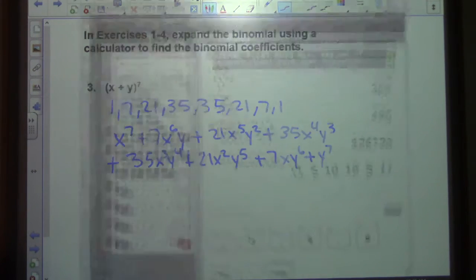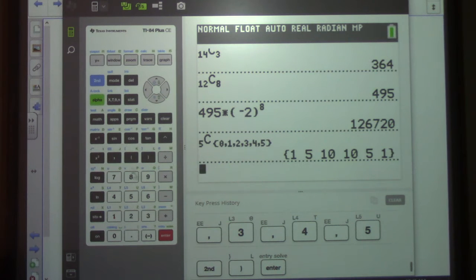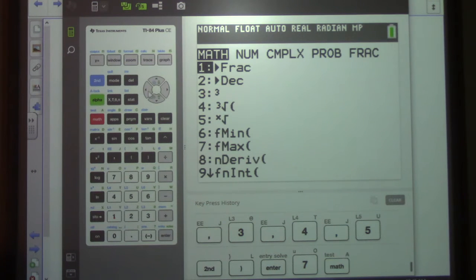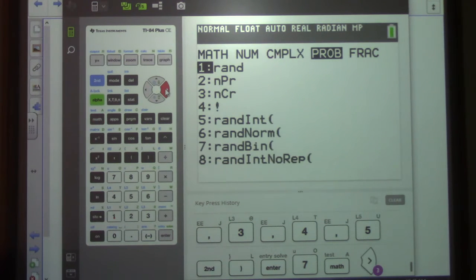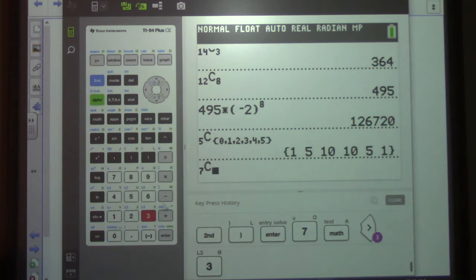And to review how to do that, we're going to do 7, and we go to math, and we go to probability 3, and then we're going to put all the coefficients here.